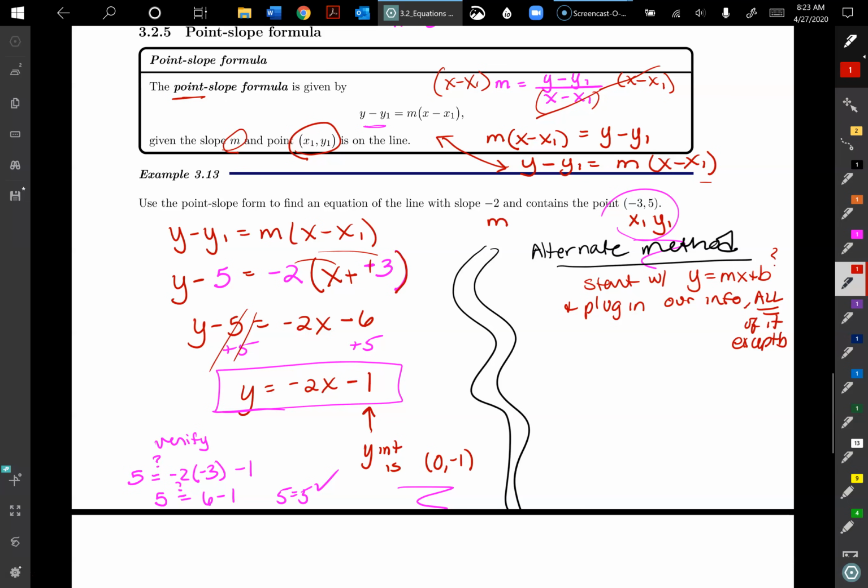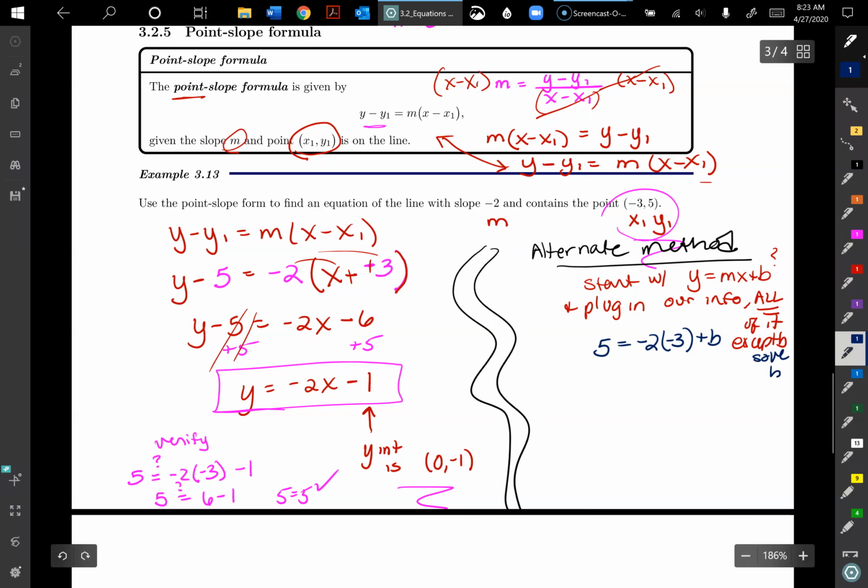But we have a y. Right? We have a y is 5. We have that m is negative 2. We have that x is negative 3. We just don't know b. And then we're going to solve b. Okay? So we have 5 equals 6 plus b. Subtract 6 from both sides. And we get negative 1 equals b.